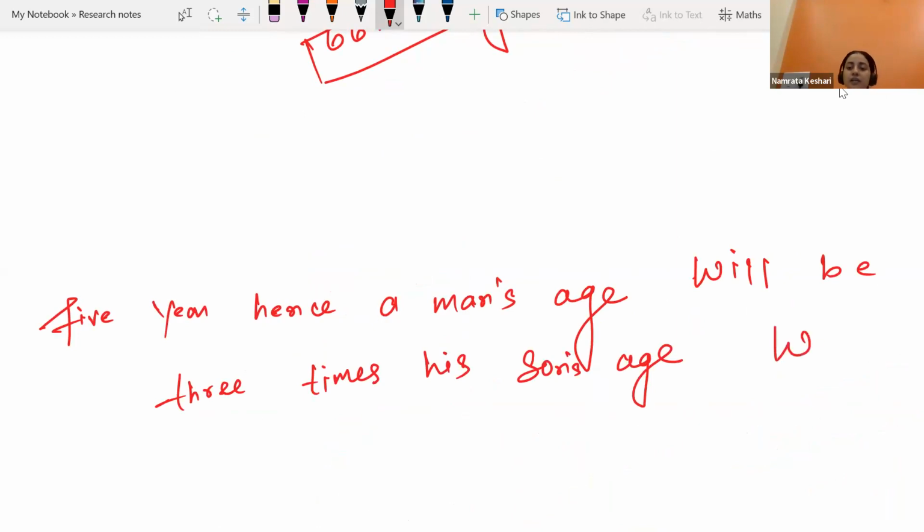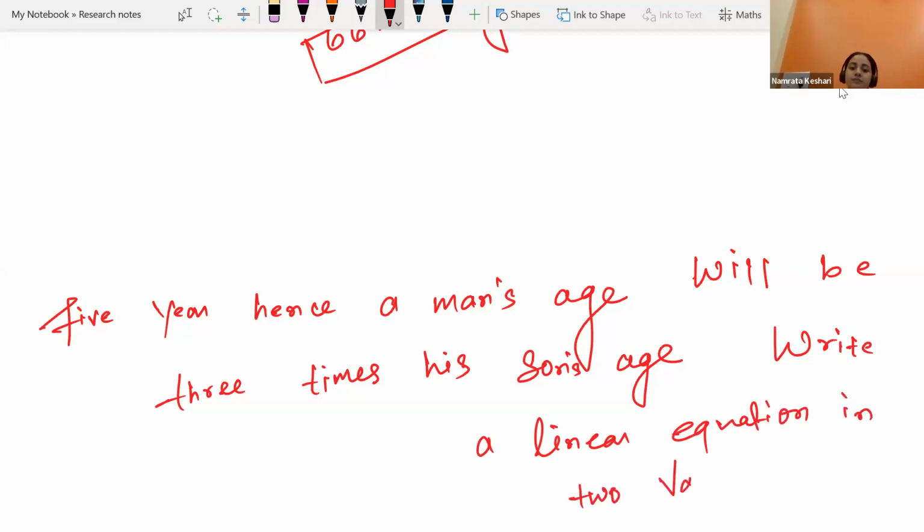Again, write a linear equation in two variables. Let's do it together.